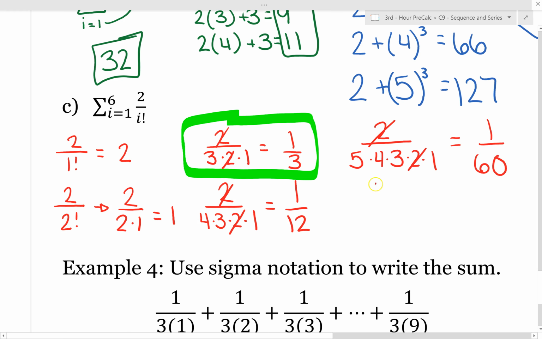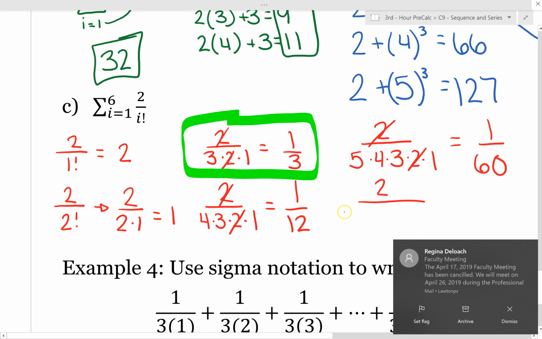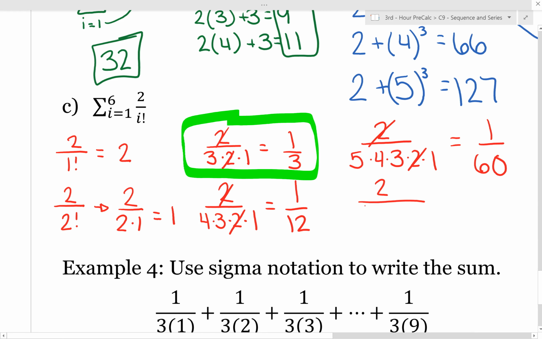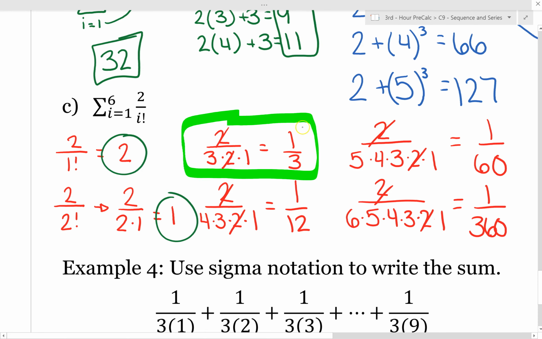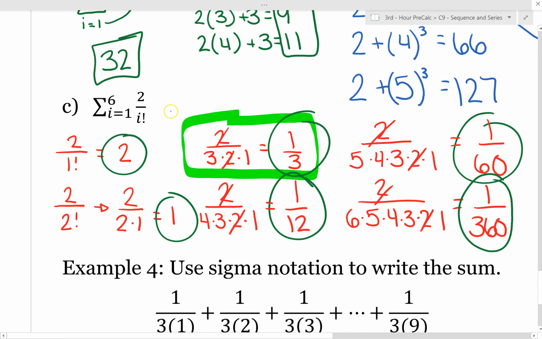And then we'll do it again. 2 over 6 factorial. So basically I am adding 6 times 5 times 4 times 3 times 2 times 1. The 2's cancel. 6 times 60 is 1 over 360. So now I just need to add all of these up, and it is approximately 3.436.